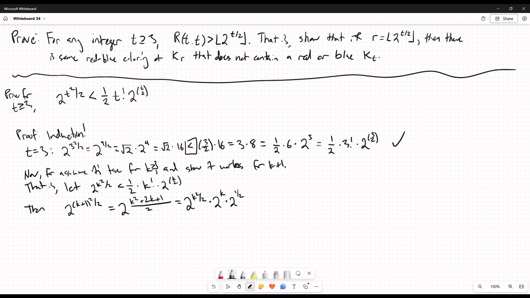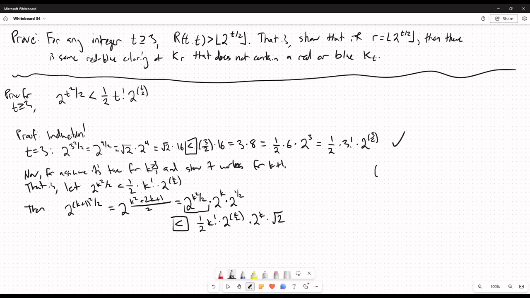And the reason we did all this is because at least one of these parts I can now play around with using my induction hypothesis. So I can say this is strictly less than 1/2 k factorial times 2 to the k choose 2, all of that times 2 to the k times square root of 2. And let's just convince ourselves of something really quick.